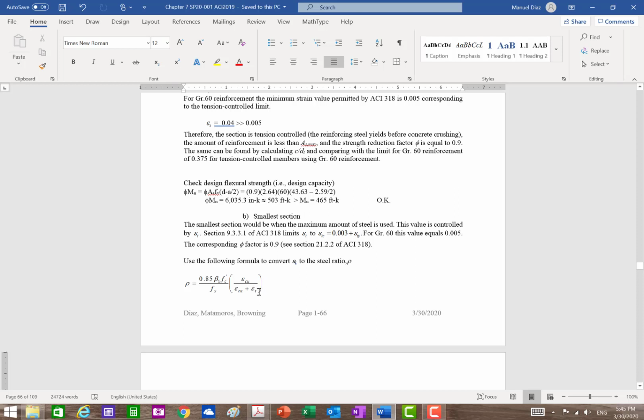Okay? So that's all you need to remember. So same formula, you don't have to remember more formulas. This is the same formula that we've been using. All you have to do is replace the epsilon t with the value corresponding to the tension control limit. Okay? And you get your maximum amount of steel. But if you happen to have the formula, you're welcome to use it. Okay? That's fine.